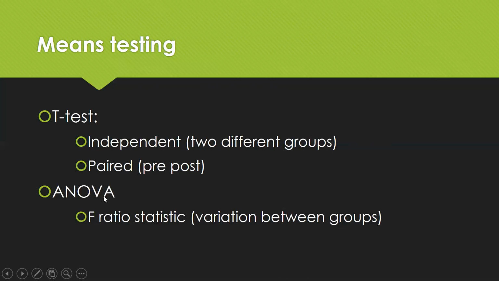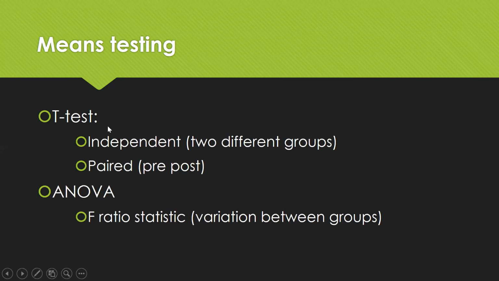Another form of means testing is the ANOVA, and we use an F ratio statistics there to study the variation between groups. And although I talked about this being able to be used in two or more groups in a previous slide, which is true, I noticed in your textbook they talk about it as being in three or more groups, which is also true.